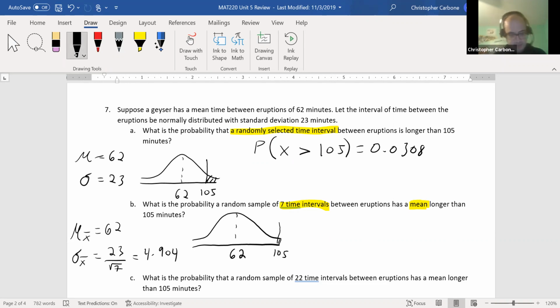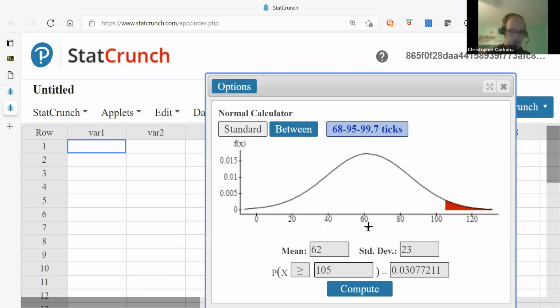And let's just say, doing this is our probability that x bar is greater than 105. So let us see what happens. The only thing we need to change on this problem is this standard deviation.